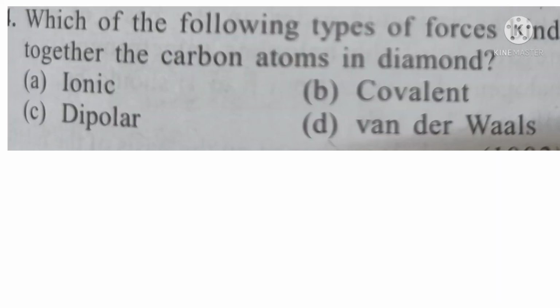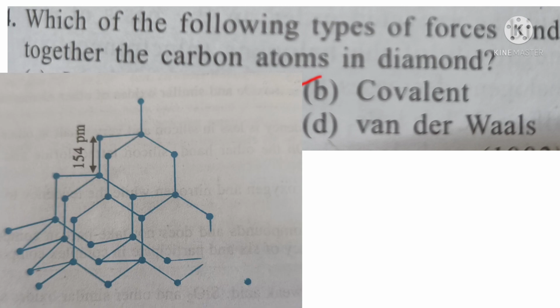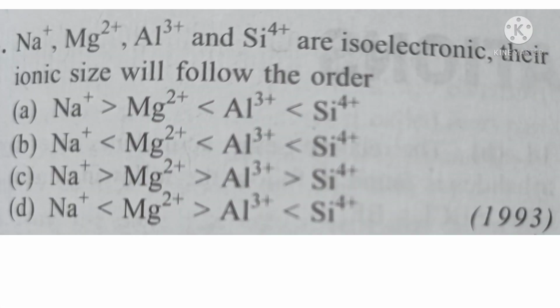Which of the following types of forces bind together the carbon atoms in diamond? So covalent forces bind together the carbon atoms in diamond. In diamond, each carbon is attached to 4 other carbon atoms by covalent bonds.